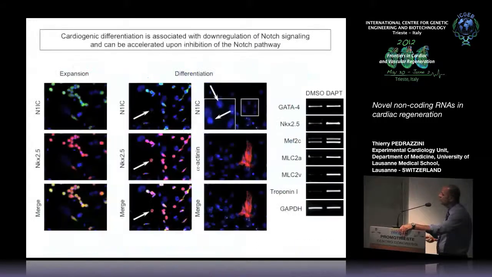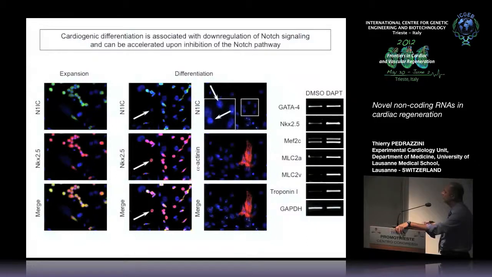Now, if you look at these cells for Notch signaling, what you observe is that when you maintain these cells in expansion, they do receive a Notch signal, and they are precursors because they express NKX2.5. But when you start to differentiate these cells, they start to downregulate the Notch signaling.